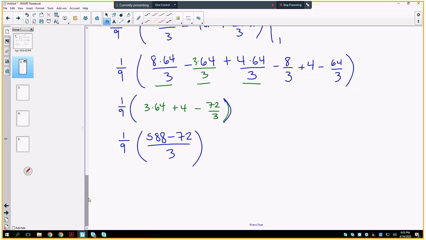Let me just double check that. So 3 times 64, 192 plus 4 is 196, and 196 times 3. Yeah, that should be right. So 588 minus 72, 516 over 27.